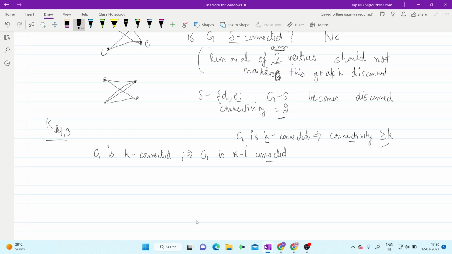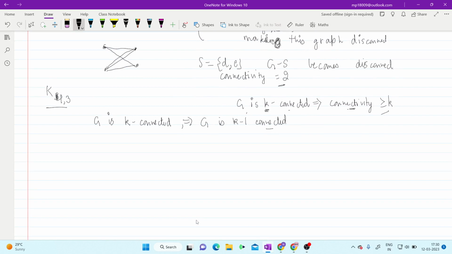So if G is k connected, then the connectivity should be greater than or equal to k, because the maximum of such will be k or greater than k. Now, if you are looking at K4,3, suppose.